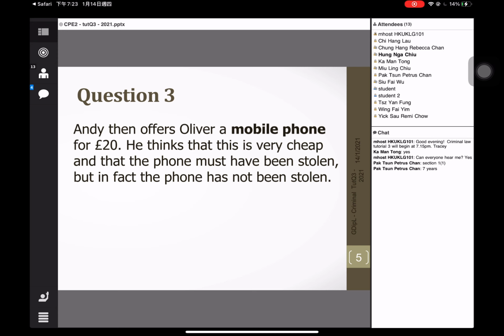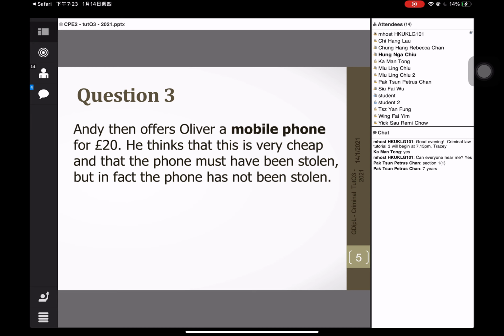That's not currently being examined on our syllabus. We used to do that, but we're not being examined this year on handling, and that's been the situation for a number of years now.